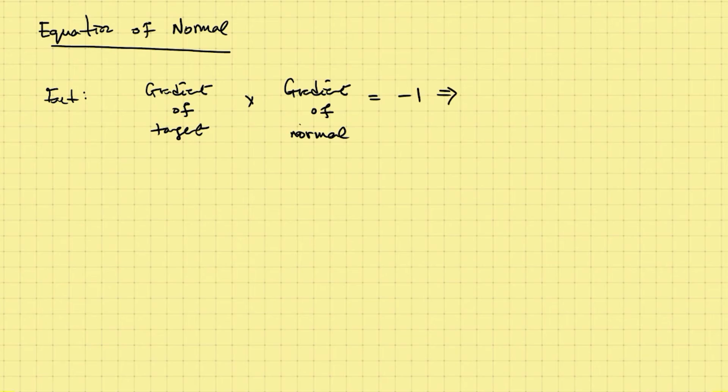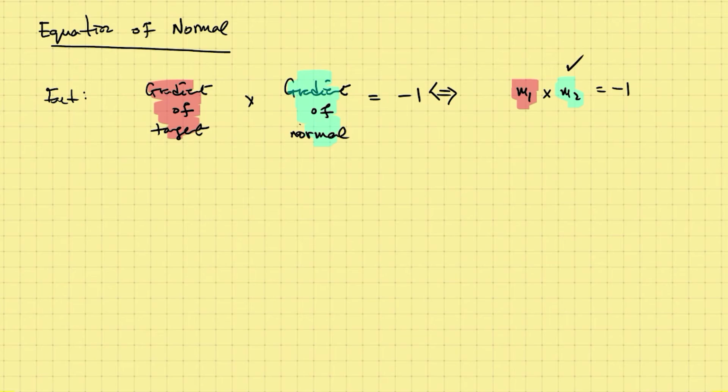A common way in which that's written is m1 times m2 is equal to minus 1, where m1 is the gradient of the tangent and m2 is the gradient of the normal.